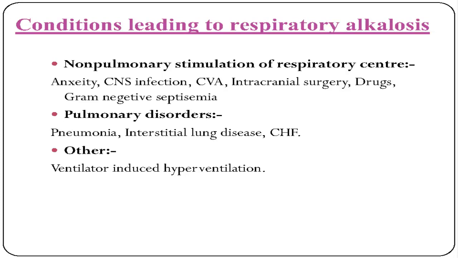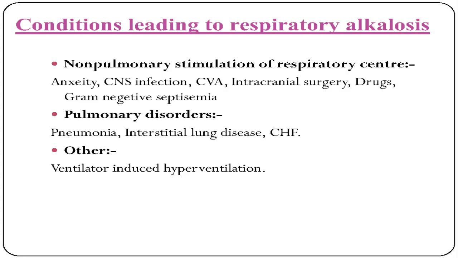And next, the pulmonary disorders leading to respiratory alkalosis. These are pneumonia, which is very common, and next interstitial lung disease and congestive heart failure. These are very common pulmonary causes of respiratory alkalosis.